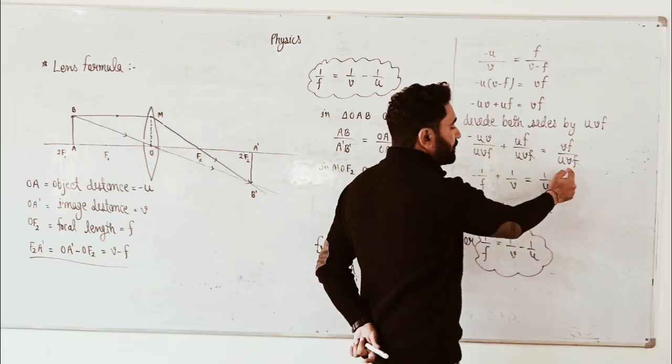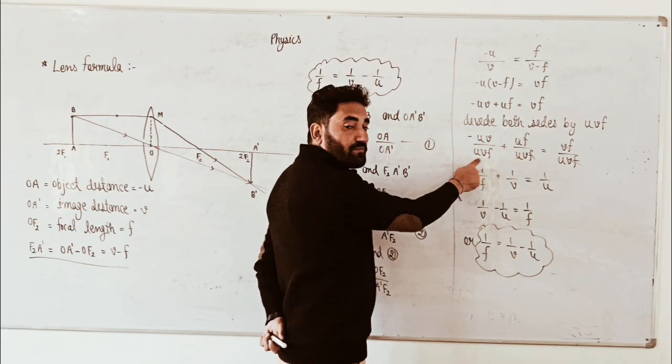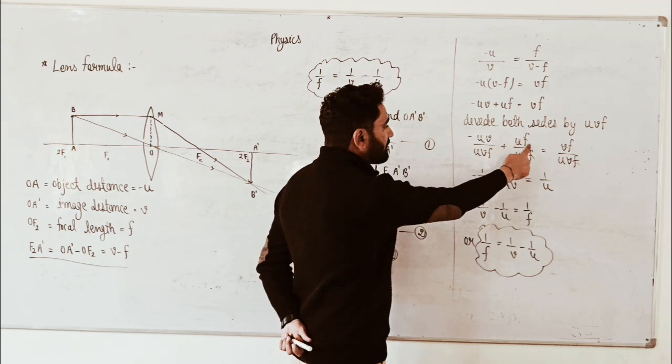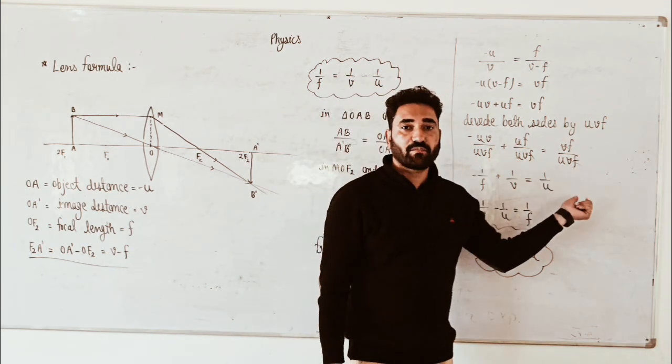So UV will be cancelled out by U and V, UF will be cancelled out by U and F, and VF will be cancelled out by VF.